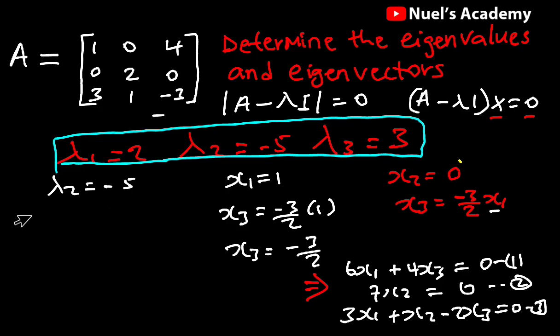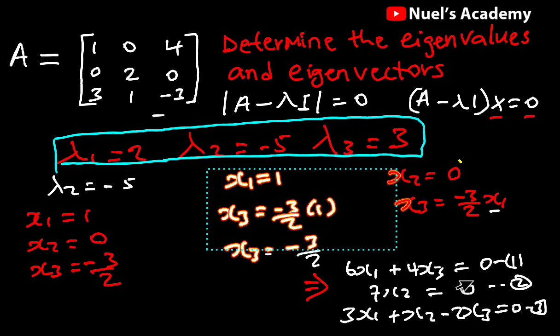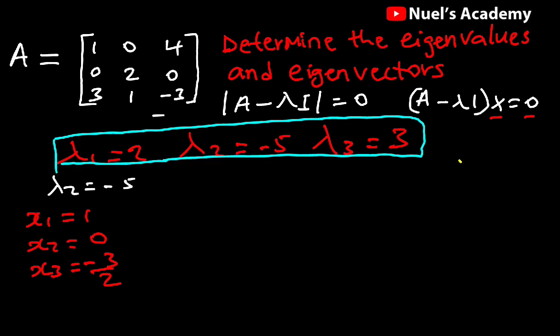So I have that x1 is equals to 1, x2 is equals to 0, and x3 is equals to minus 3 over 2. Then the final answer is that the eigenvector when lambda 2 is equals to negative 5 is equals to 1, 0, and minus 3 over 2.